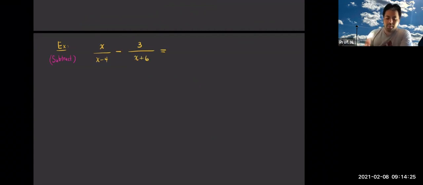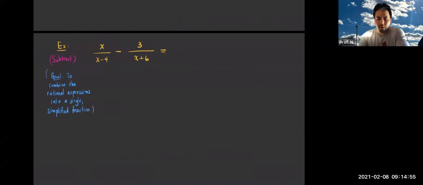And again, the goal of subtracting rational expressions is to combine the two fractions into a single simplified fraction. That's the main goal, the overarching goal that we're trying to do. Right now, we have two separate fractions and we're saying subtract them.